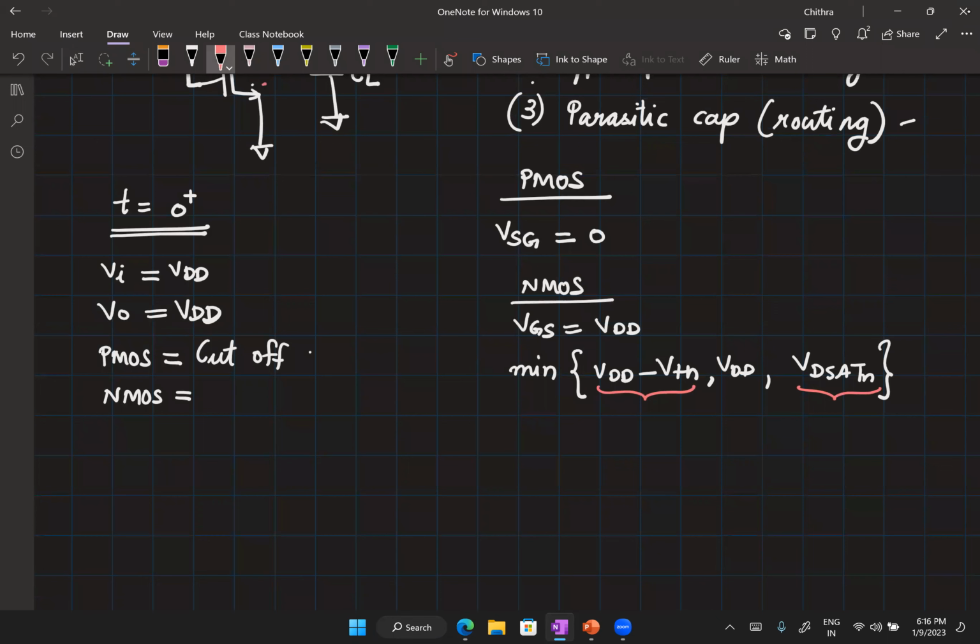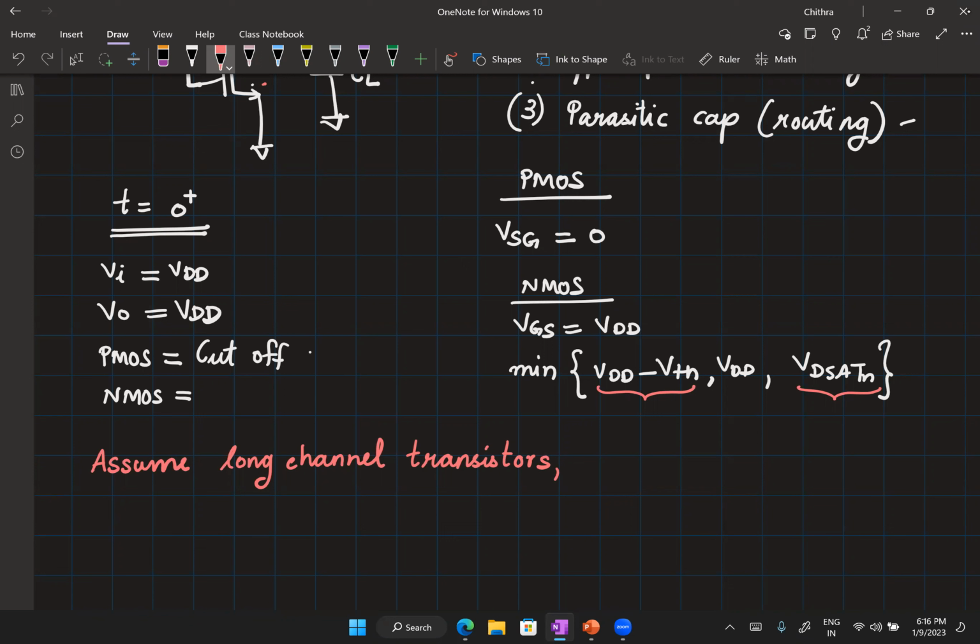So we are going to assume that transistors are long channel transistors. So whatever method I use for calculating the delay using this long channel transistor assumption, you can follow the same method for deriving the delay if it was a short channel transistor.